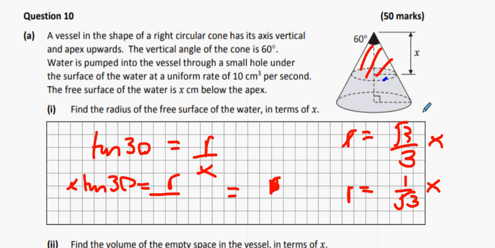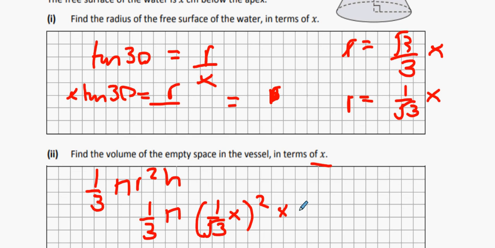What's the height of the cone? x. Throw it all in the calculator, apart from the x's, and you'll get pi x cubed over 9. Okay, everybody on board so far?